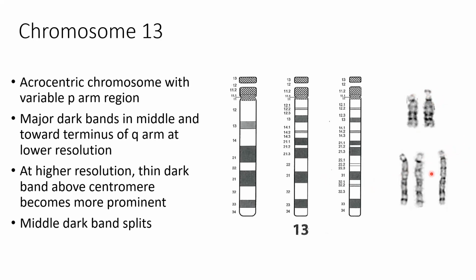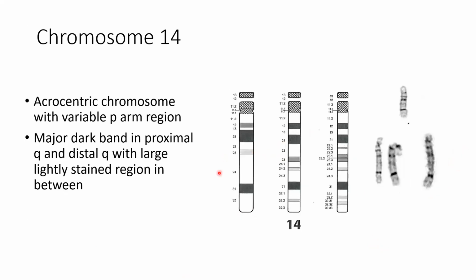But for chromosome 13, we've got major dark bands in the middle and toward the end, so this series of dark bands is down on chromosome 13. Obviously this is a dark band, but you've got the lighter region at the top. The middle dark band is going to be one of the first ones to split on chromosome 13 as you get to a higher resolution. Now 14 has that gap in the middle.